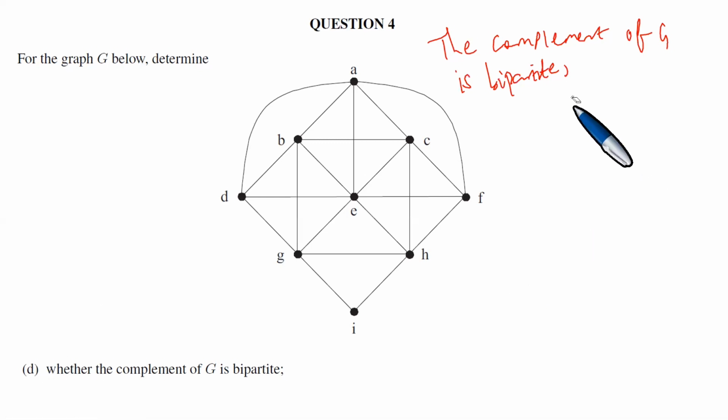Because bipartite graphs have even cycles. There's a theorem I'm going to give at some point, and not just now, because of time. So the complement of G is not bipartite. It's not bipartite because there are circuits of odd length. I'll discuss that.